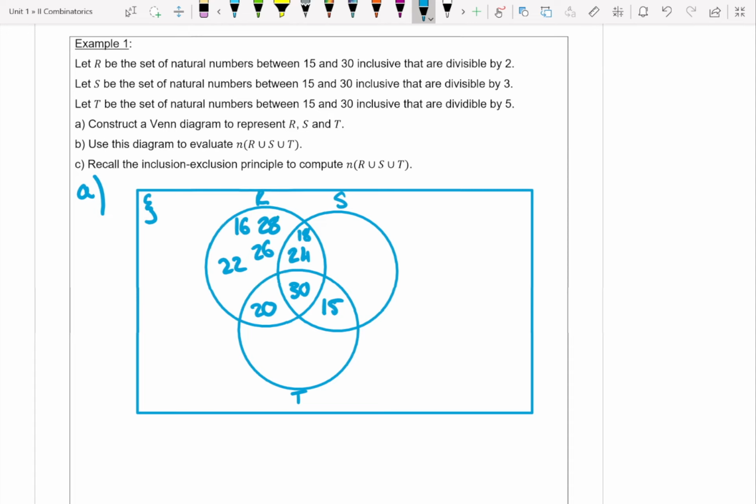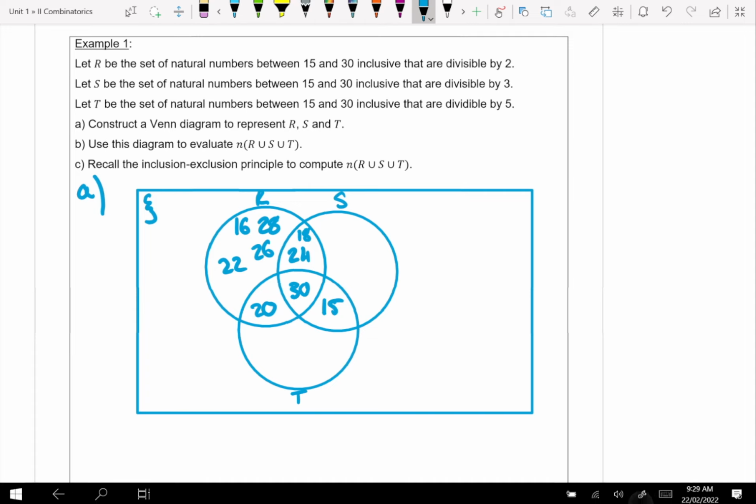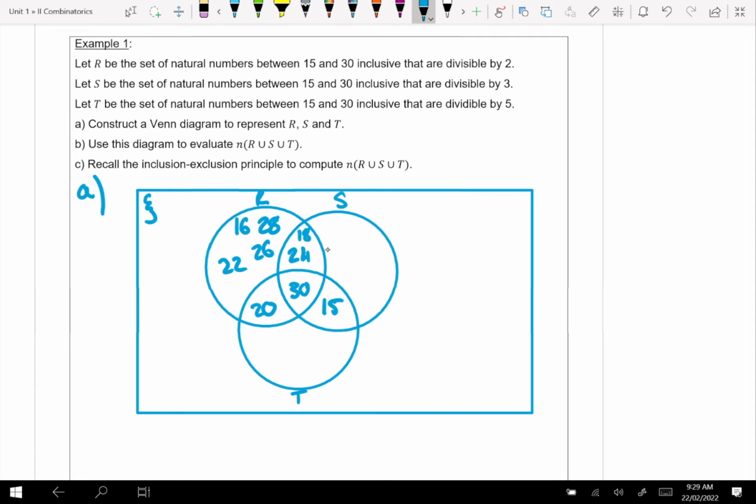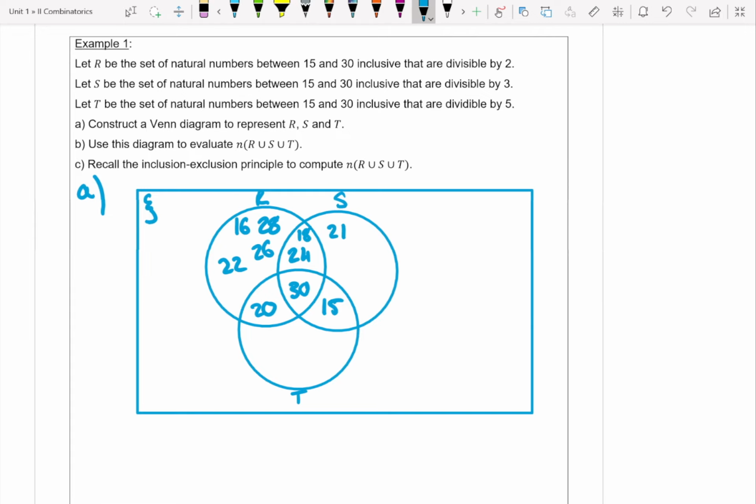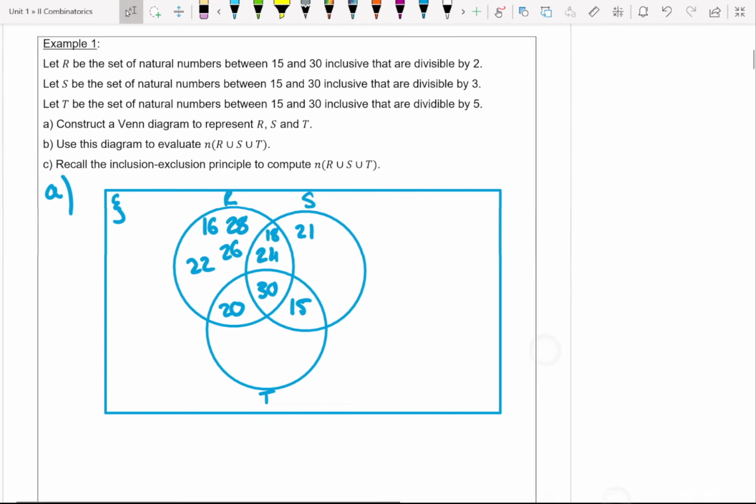So those are the 4 numbers that would be in set R. We do the same thing for S. So 15 has been accounted for, the next one would be 18, that's been accounted for, the next one would be 21, 24 is accounted for, we'd also write 27, and then 30 is accounted for. And lastly, we've got the multiples of 5. So 15 and 20 are accounted for, all we're missing is 25.